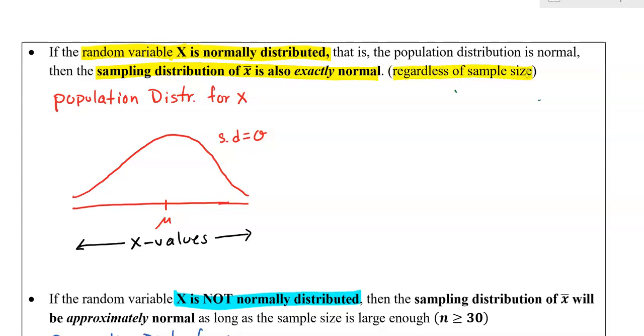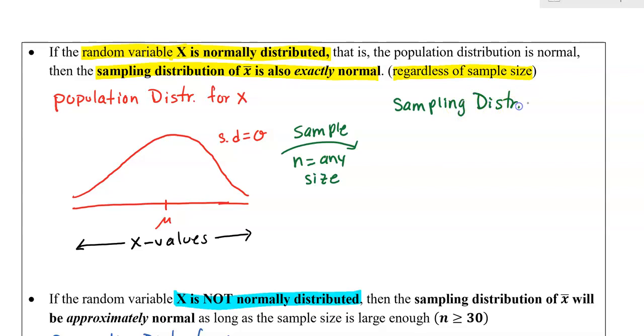Okay? So from here, we're going to take some sample of any size. The size doesn't matter. And so the sampling distribution of x bar will also be exactly normal.